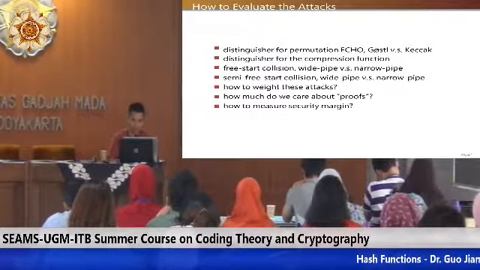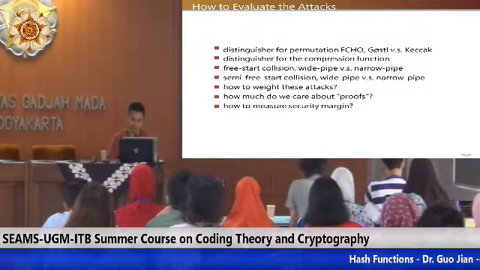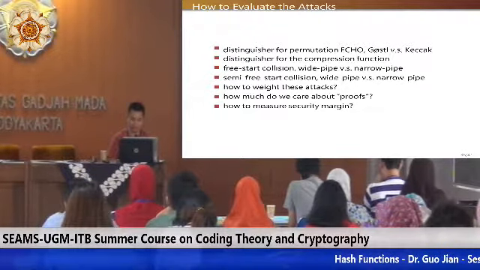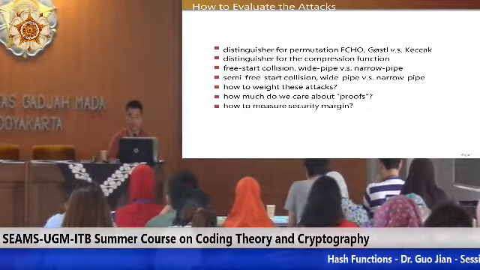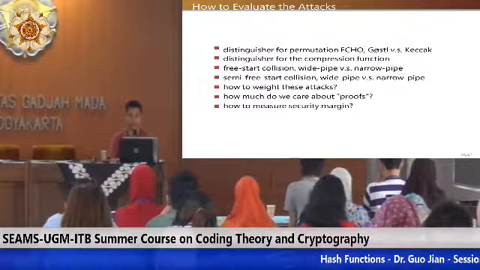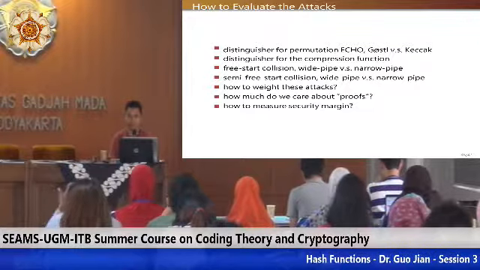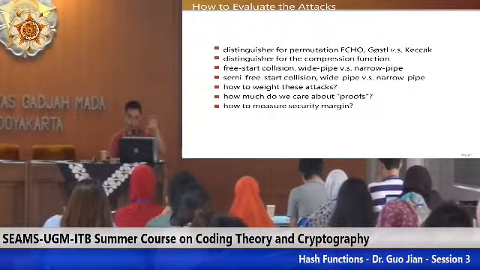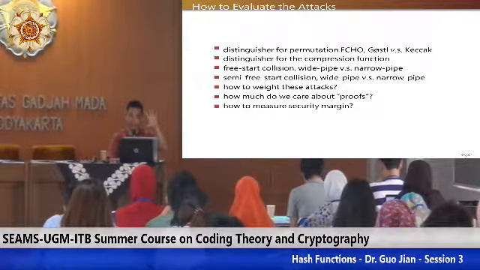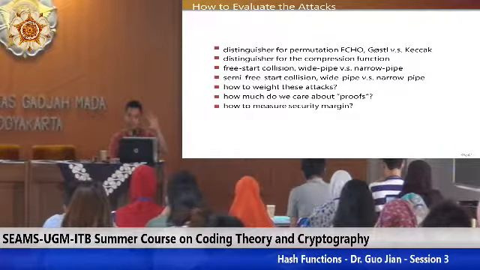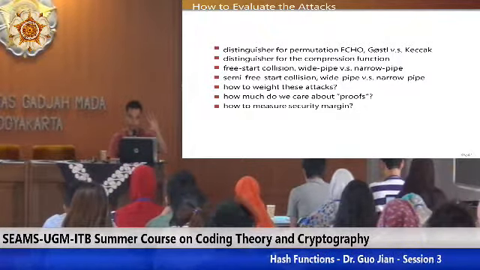And for free start collisions of wide pipe and narrow pipe designs, there's a big difference as well. Because on the wide pipe designs, you get a much larger internal state, which means you get a much larger degree of freedom as an attacker.